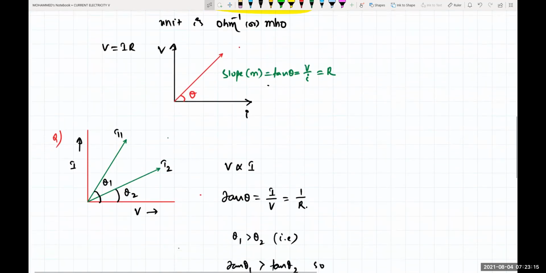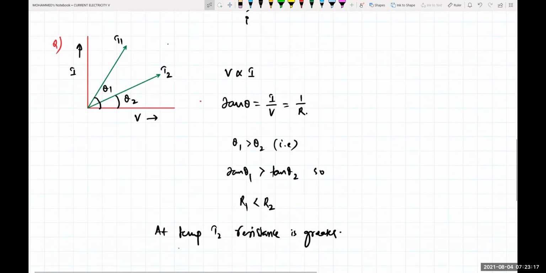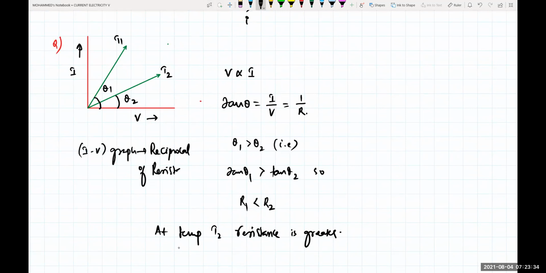Clear? The IV graph will give me what? The IV graph gives the reciprocal of resistance, but not resistance.